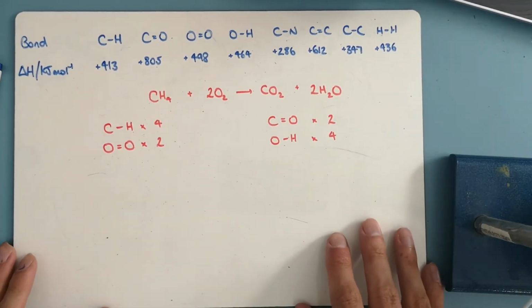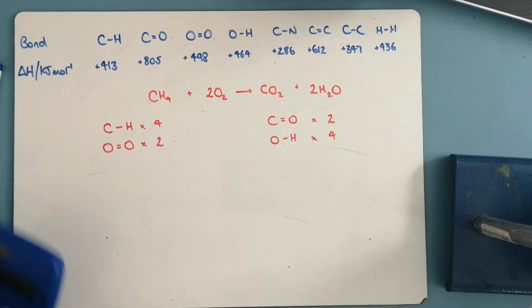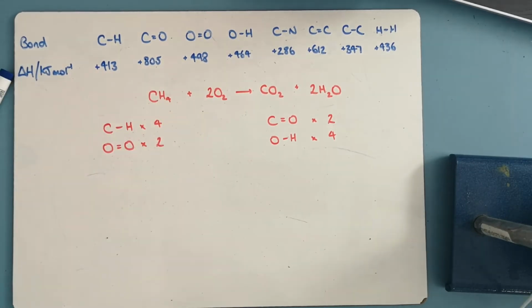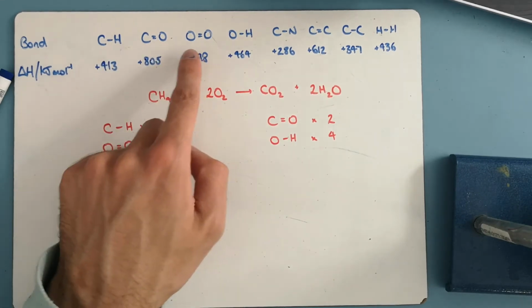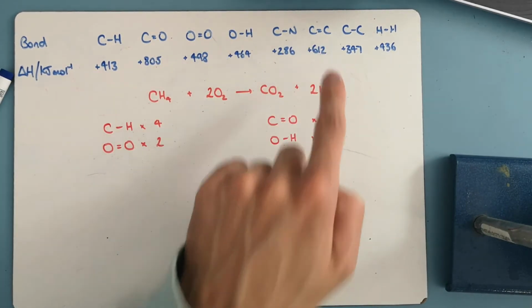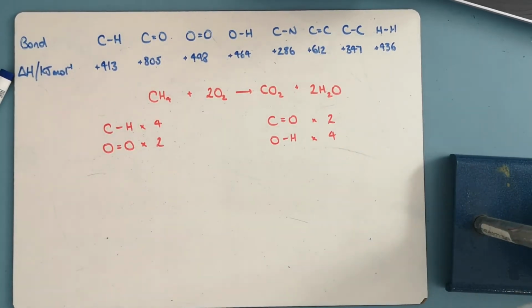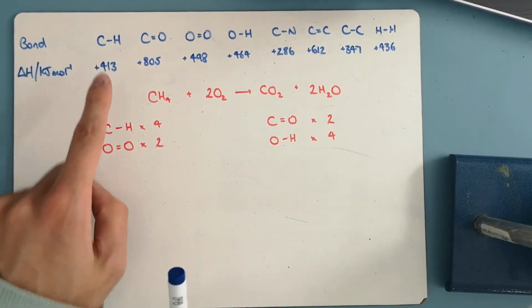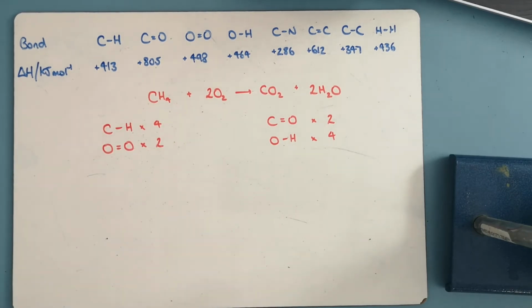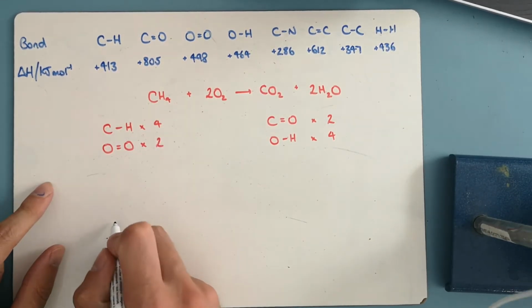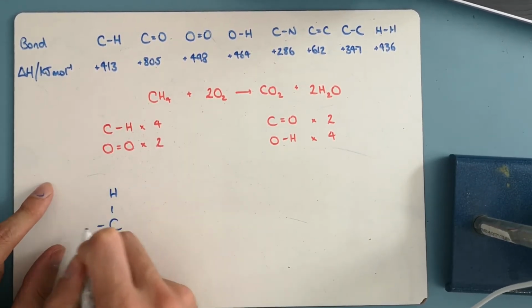Is shown here. And if you have a look at this calculation, first of all, we've got the average bond enthalpies. So we've got C-H, C=O, O=O, O-H, C-N, C-C, C=C, and H-H. And it's the average bond enthalpy, because although C-Hs are pretty standard, we've got 413 here, we could have a C-H like we've got in CH4.